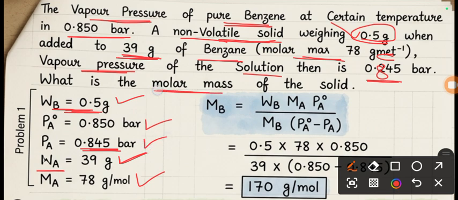What is the molar mass of the solid? We need to find MB.